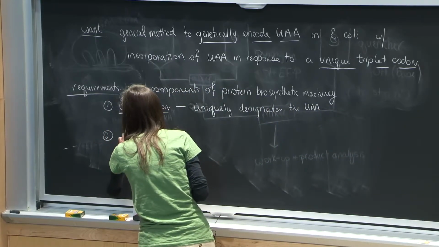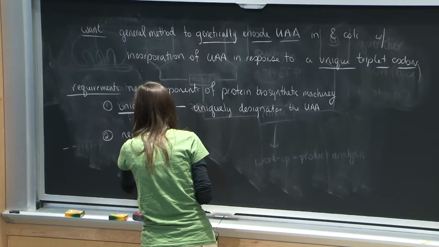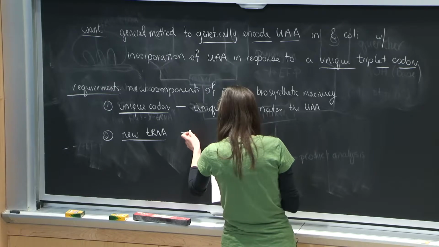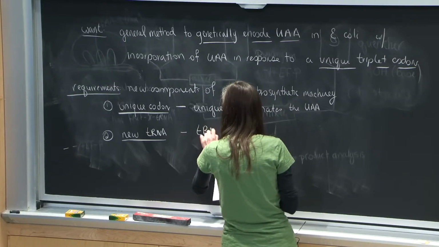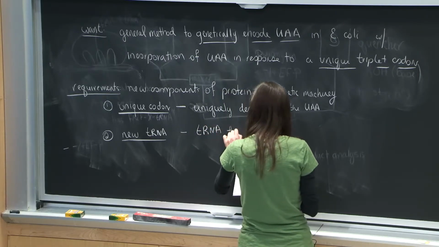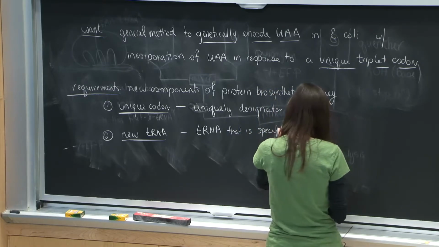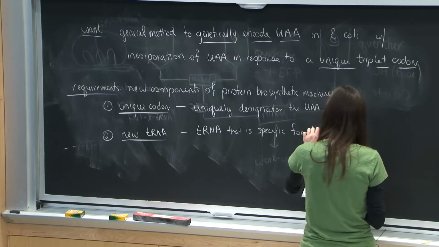We need a new tRNA. This tRNA needs to be specific for the unique codon.